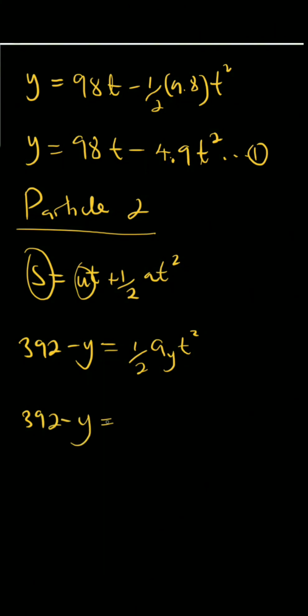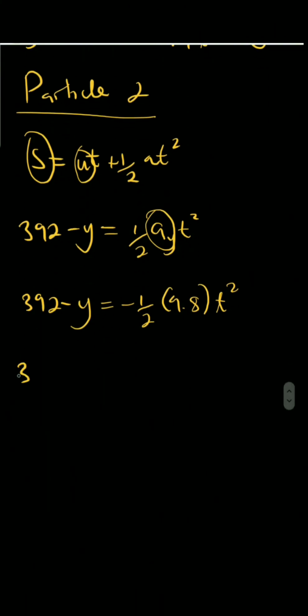So 392 minus y equals half of 9.8 times t squared. This gives us 392 minus y equals 4.9t squared.